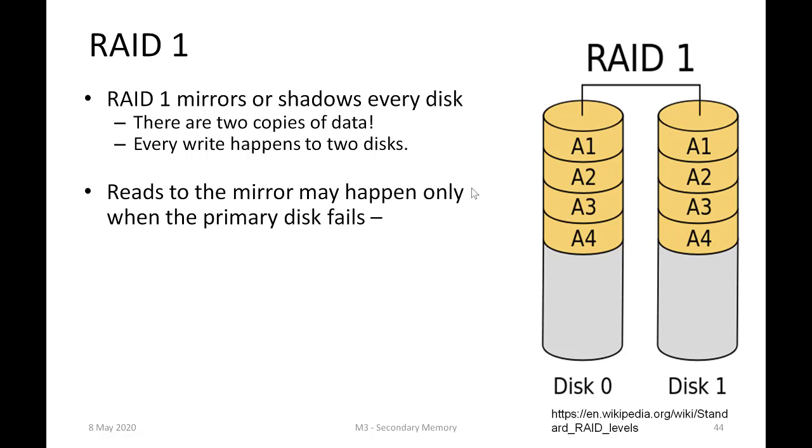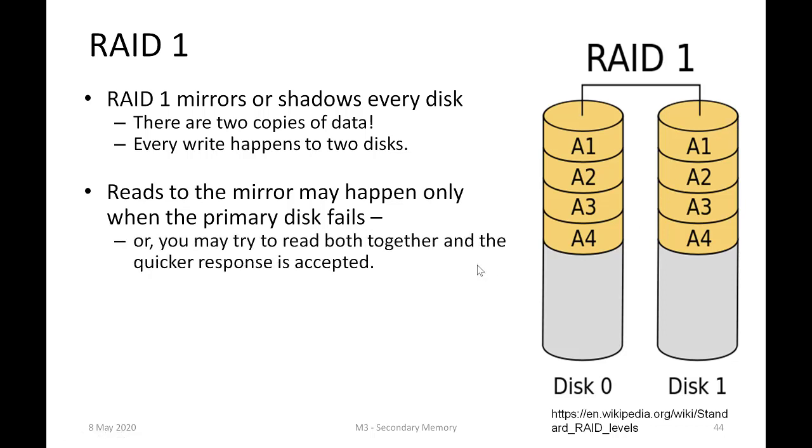Now, if we say that disk 1 is a mirror of disk 0, whenever there is a request from the host for any data, we would first check disk 0. In case we fail to get the data from disk 0 because of any disk failure, we would then go to disk 1. That is one aspect.